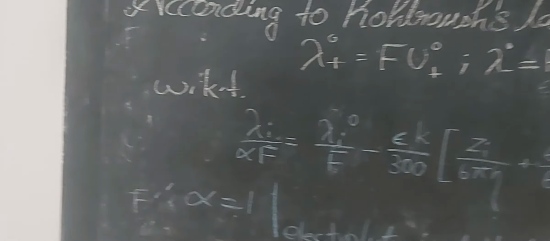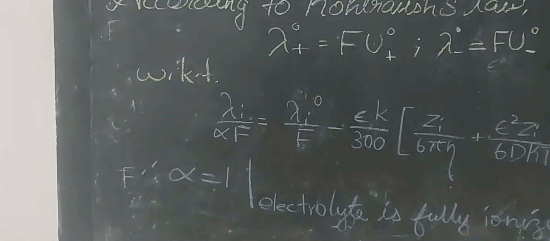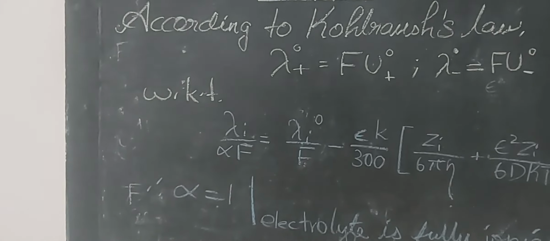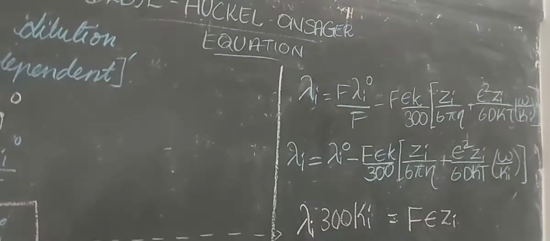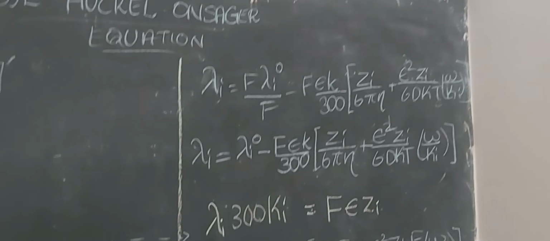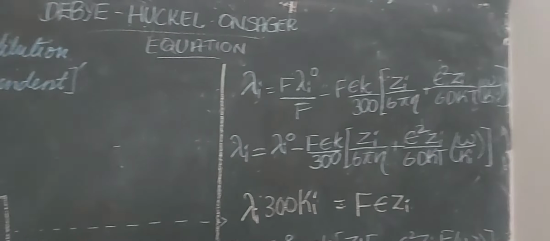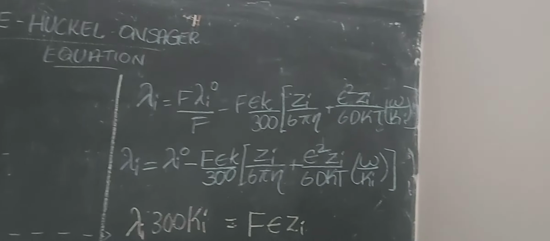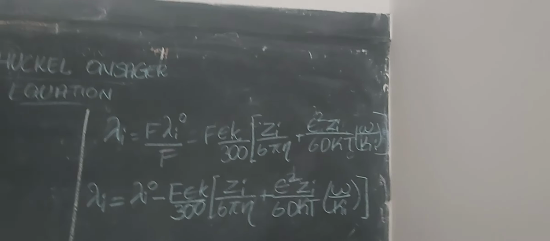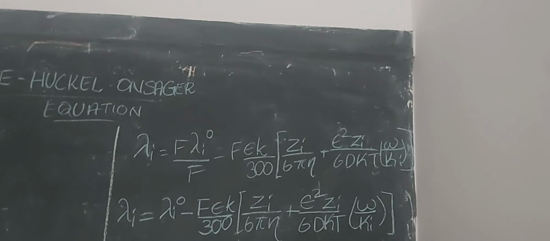What I want to do for that lambda_i? I am taking the f which is divided, I am taking this f as a multiplication part on the other side. So I will get this term lambda_i equal to f lambda_i naught divided by f minus f epsilon k divided by 300 into the term.